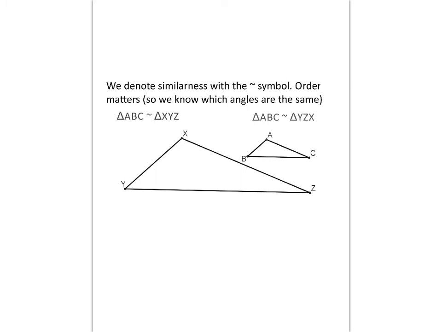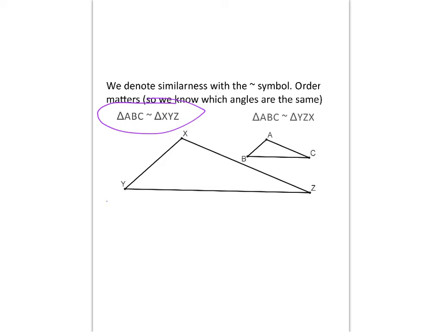Now, let's take a look at what similarity statements tell me. The similarity symbol is a sideways S, and what it does when you have a similarity statement is it tells you exactly what angles are the same and what sides are proportional. For instance, I'm just going to look at this one today, triangle ABC similar to triangle XYZ.